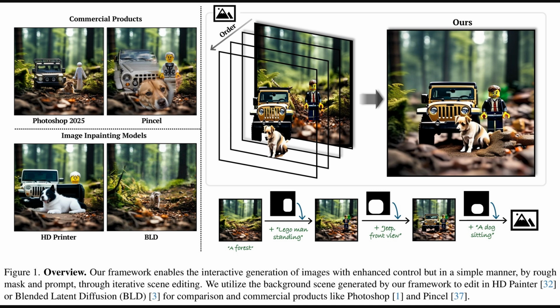It shows them building an image step by step, using intuitive rough masks and text prompts. First a forest, then adding a Lego man, a jeep, and finally a dog. The final image looks remarkably coherent, showcasing how their layer-wise memory, storing latent representations, which are like the AI's internal compressed understanding of the image, helps maintain that crucial consistency.